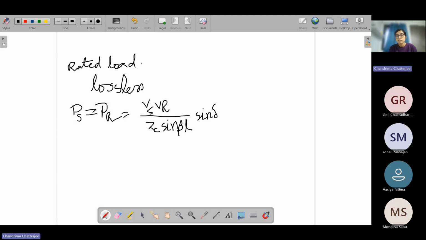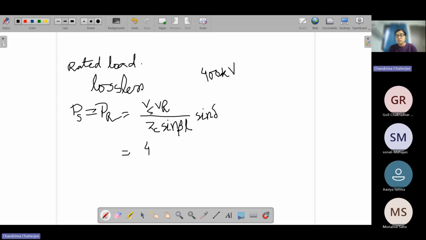Delta is the power angle. Now here you will have to take line to line values because I haven't added the 3. Otherwise, if these are the phase quantities, then there would be a 3. As they have given us the line to line quantity, 400 kV is the voltage, and this is obviously the line to line quantity. So we can directly take this.